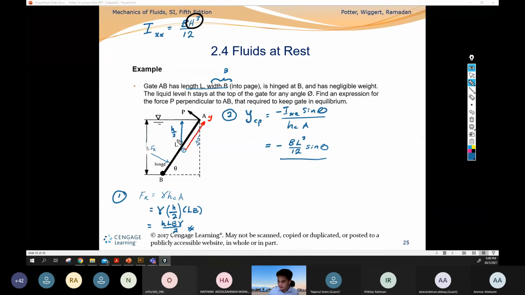What's the value of h_c? Which is H over 2, multiplied by the area. What is the area? L multiplied by B. Okay, can you simplify further?